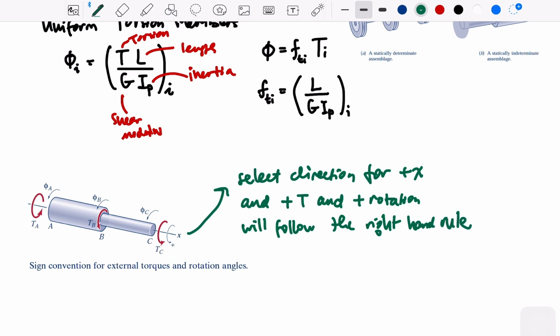So it's up to you. If you choose the x direction positive, maybe here, then we make this positive. But either way, you can still calculate. Perhaps at the end this sign will be opposite, but it is still okay as long as you understand.